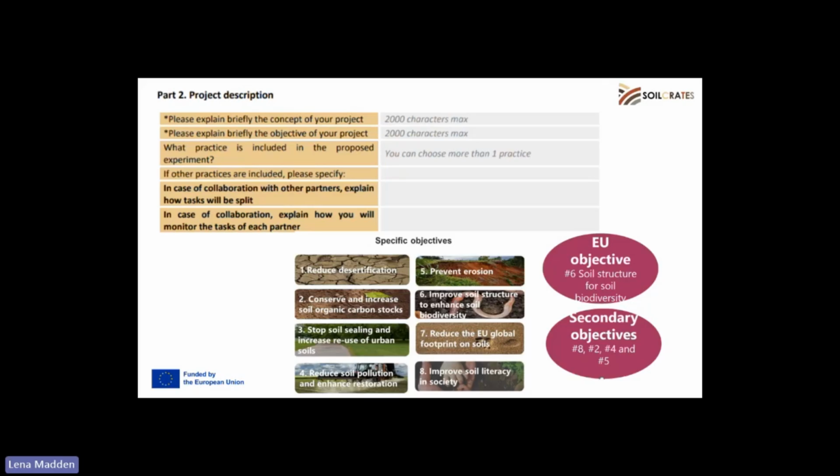And that biochar might not be on its own. Some people want to try biochar in combination with anaerobic digestate, some with seaweed, some with multi-species. So if you have a consortium and you want to try application of biochar with different measures, you can split it between different partners. That's what it's asking here exactly.